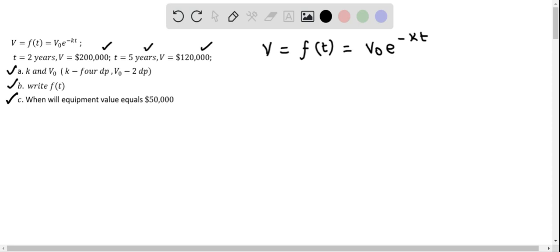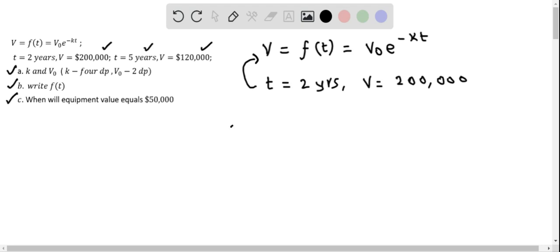So to answer part A, we have to use the initial conditions. So let me write down here. After 2 years, the value of the equipment is $200,000. I'm just going to put only 200,000 without the units, so it is understood that it is $200,000. So we can plug this into this function. That is, in place of t we put 2, and in place of V we substitute 200,000.